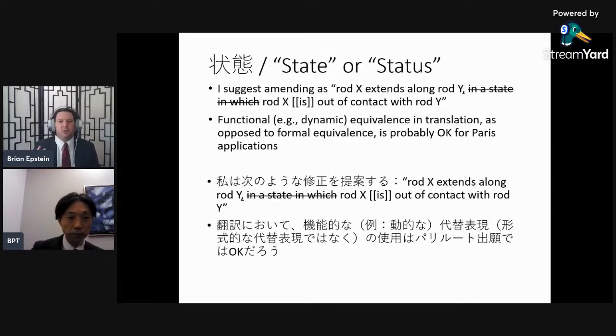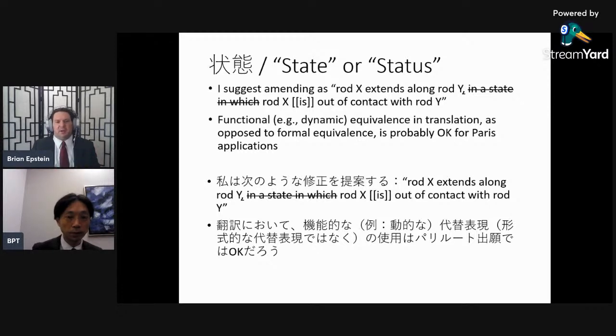But we definitely don't want to use this phrase in a state in which, because again, it's going to create avenues for litigators to argue that this state, this jotai, has some additional meaning that prevents this litigator's client from infringing these claims.